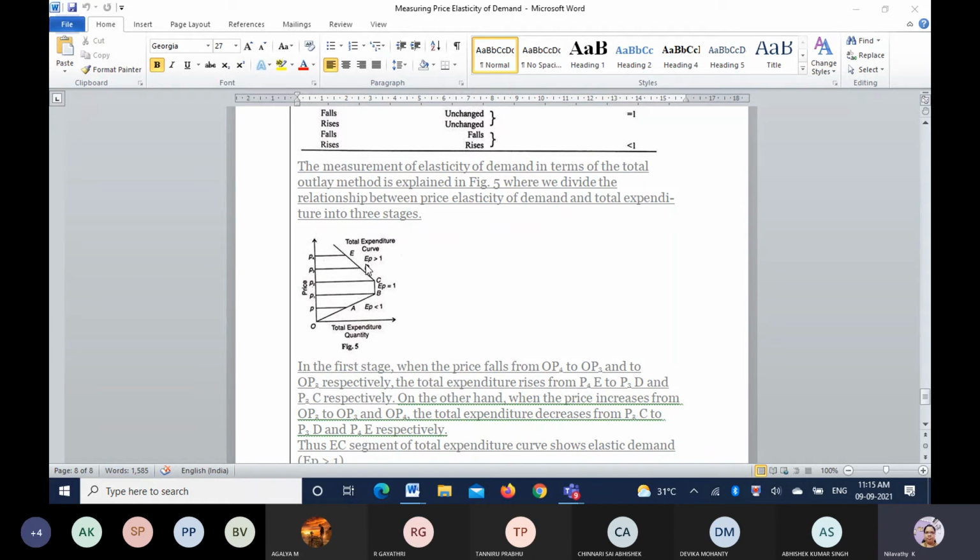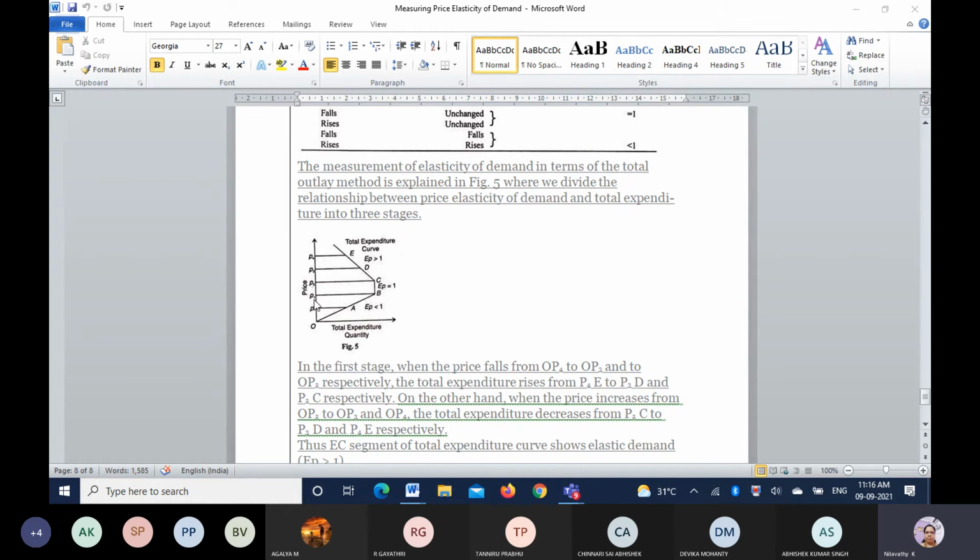So here the price elasticity value will be greater than 1. If the price is declining, like here you can see from this area to this, the total expenses have increased from E to D. So this we call a commodity having an elastic demand, and the value will be greater than 1.